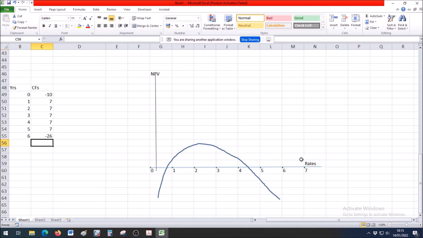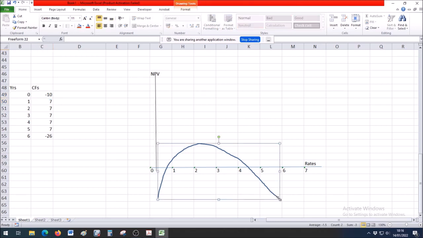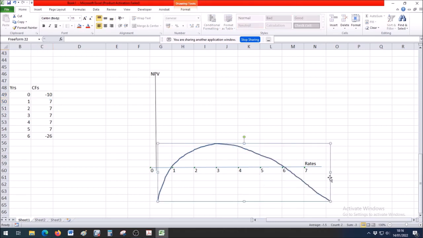If the rate is very, very high, not 7%, 11%, 20%, 38%, whatever, then very near dollars are important and everything else we almost don't count. Again, in that case NPV is negative. NPV is going to be negative with very high rates.